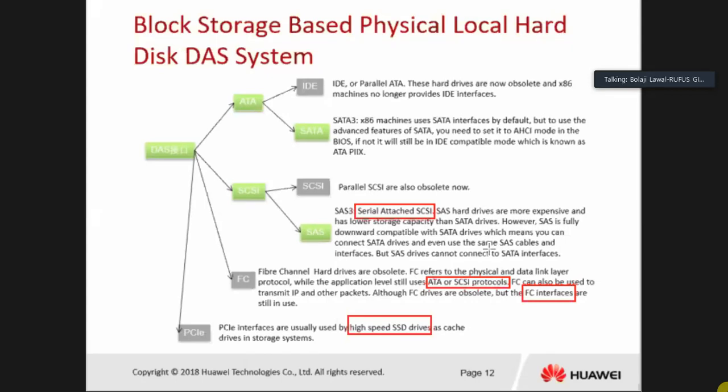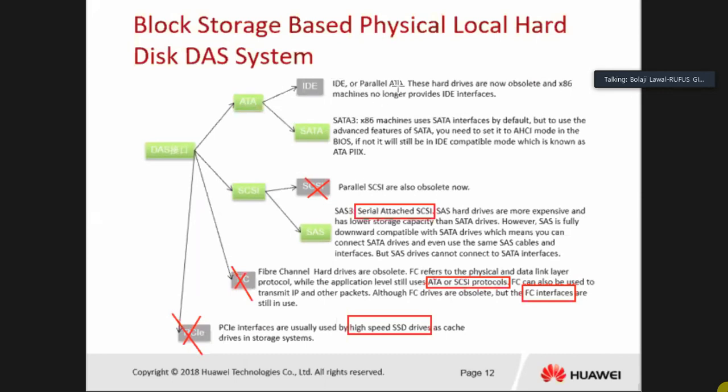We also have parallel SCSI, which is obsolete too. It is not supported. Then ATA: we have PATA and SATA.